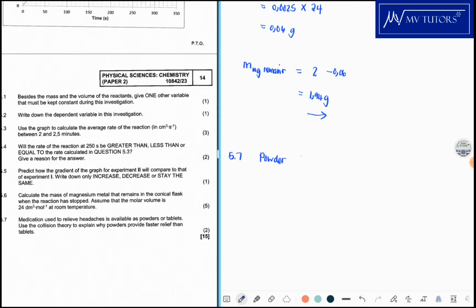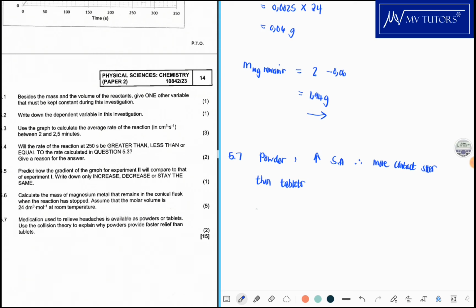Okay, so with powder, you have an increased surface area, all right? Therefore, there are more contact sites than you would get with the tablets.